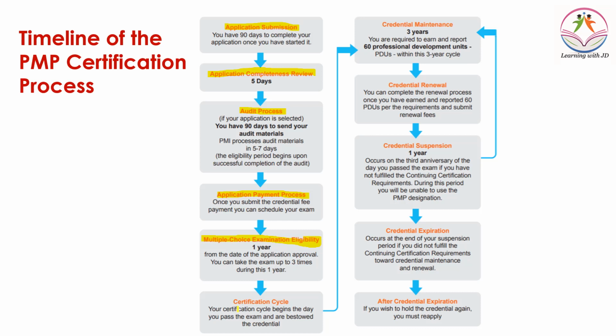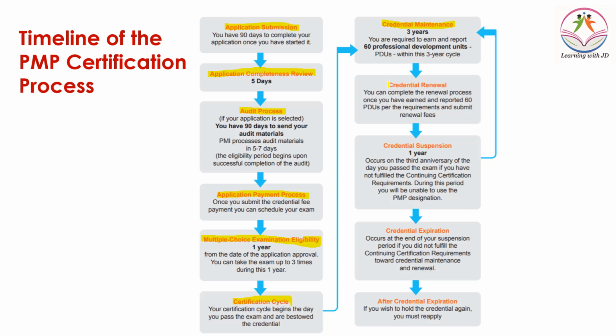Now coming to the certification cycle. Your certification cycle begins from the date you pass your exam. So once you have cleared your examination, your certification cycle begins and you have to maintain that credential every 3 years. You are required to earn and report 60 PDUs, as we call the professional development units, within a cycle of 3 years.